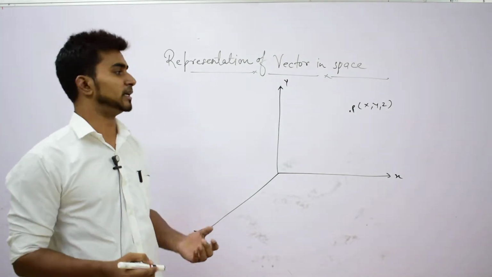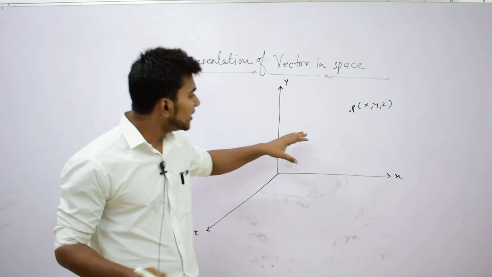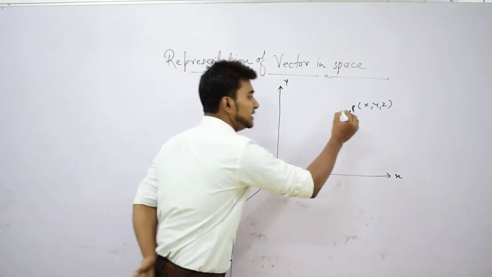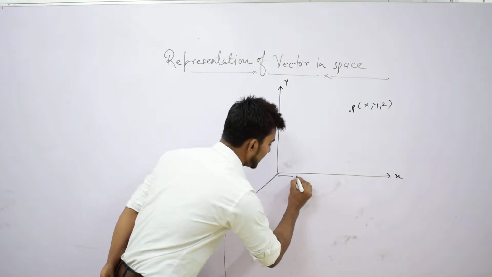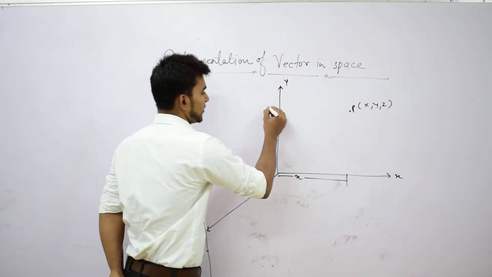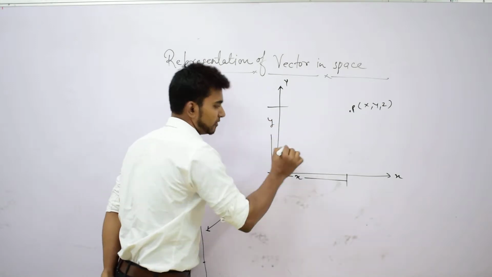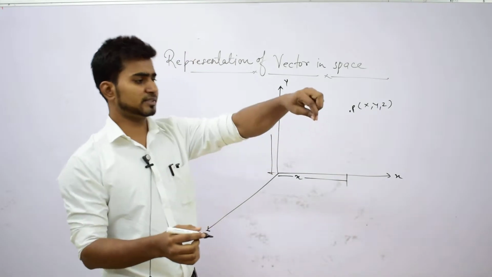So what is the meaning of this x, y and z? If I want to reach this particular point, I have to move x units in the x axis, y units in the y axis and z units in the z axis.